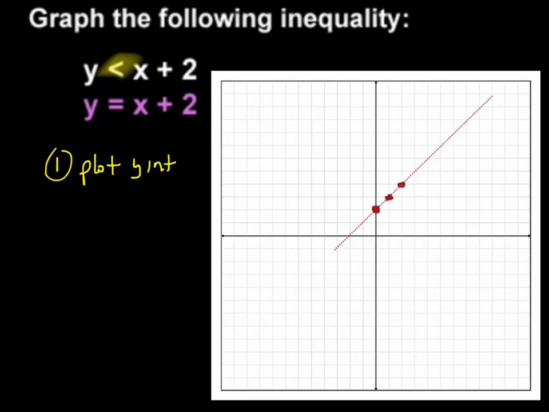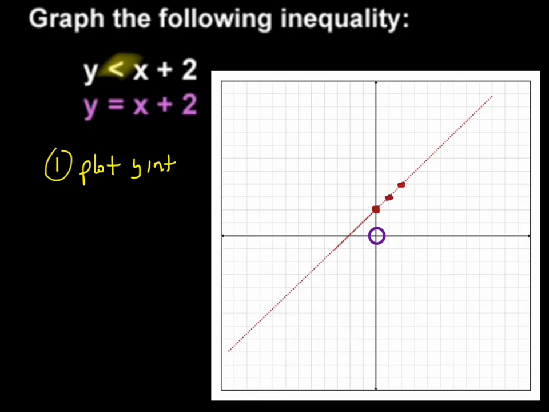And now you're going to pick a point. I pick usually, it can't be on the line. So I'm going to pick this point right here, 0, 0, because it's the easiest.